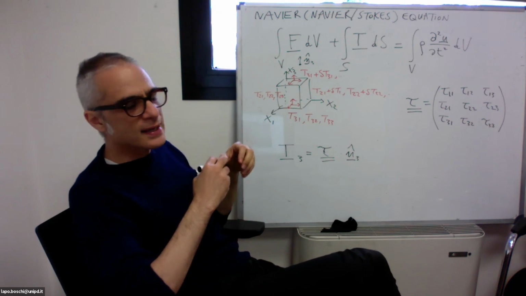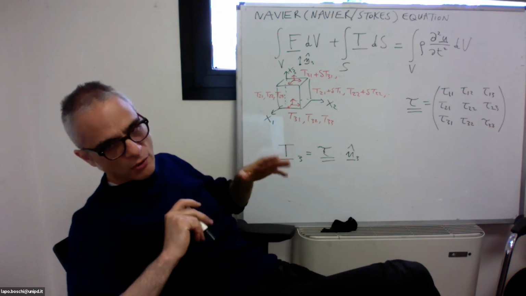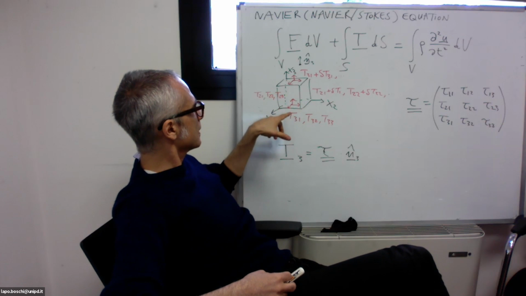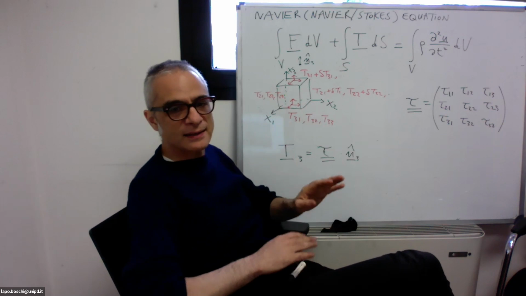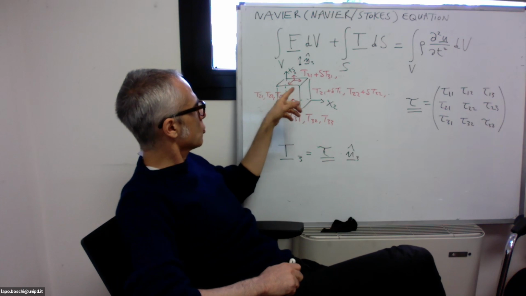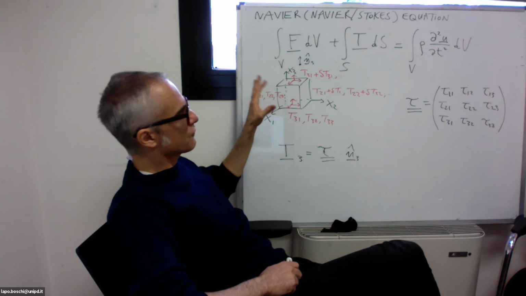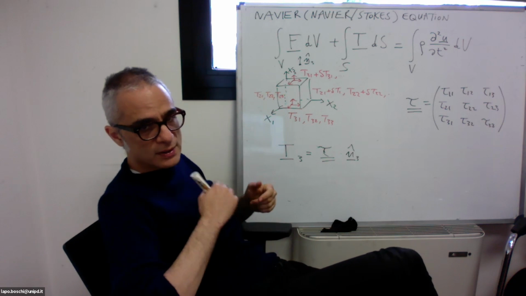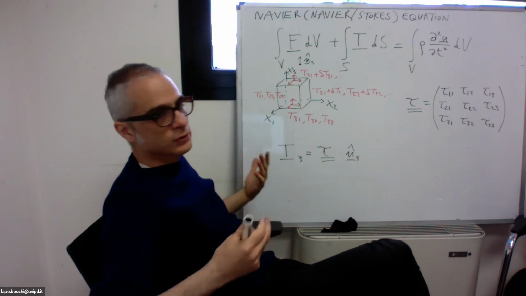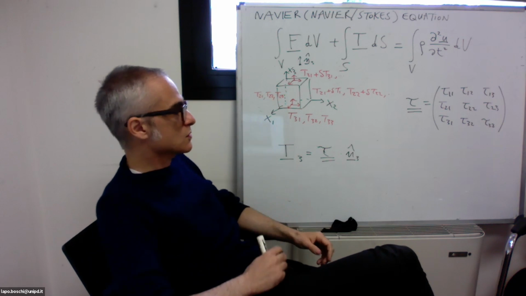But what I'm trying to show you, without doing all the rigorous math, is that if you know the 9 numbers here, if you know the 3 components for each surface, then you know everything you need to know about the surface force.